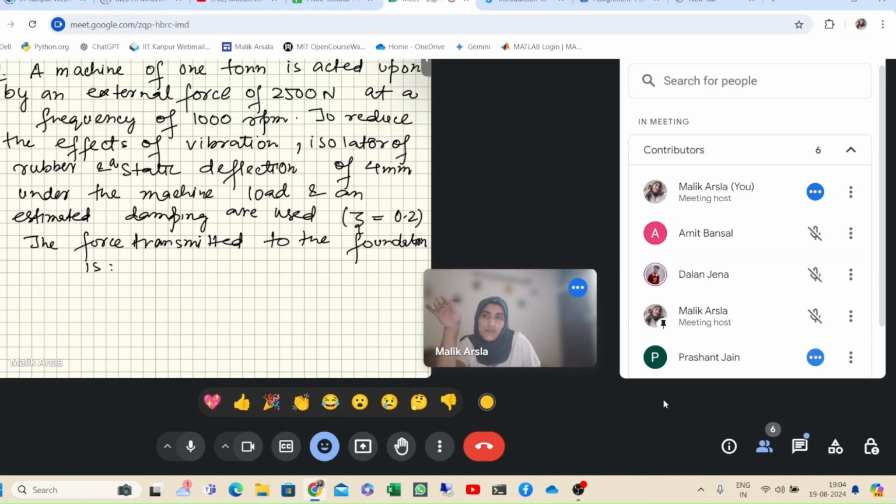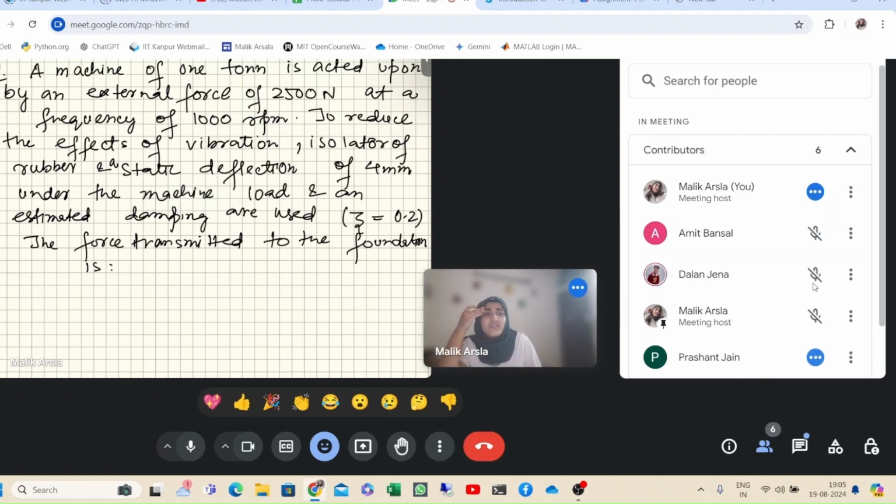No, that zeta and R, ma'am. Okay, so in that case, you did not need k, right? You found omega n from there. Yes, zeta is 0.2, it is given. R is omega upon omega n. It is 2.24. Okay, I got your point.